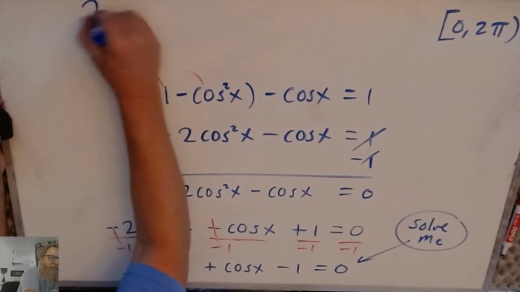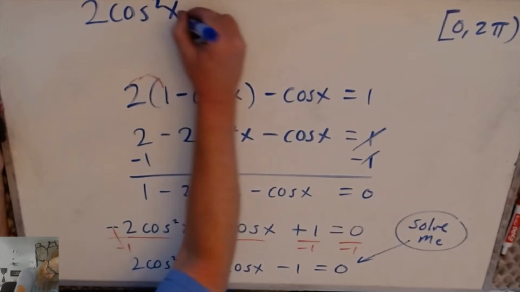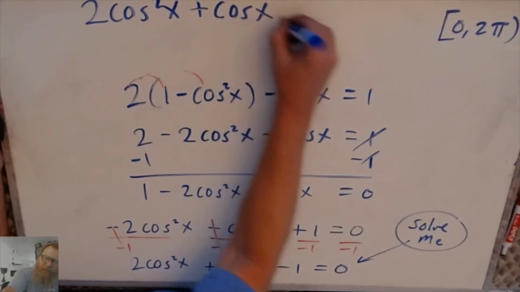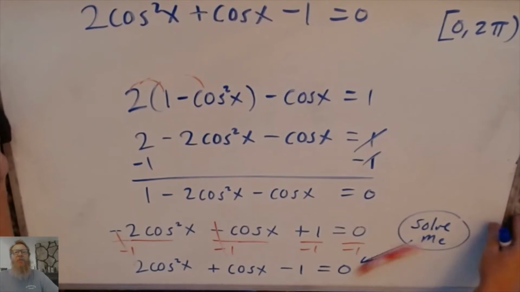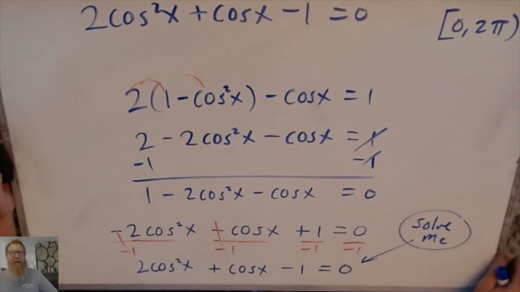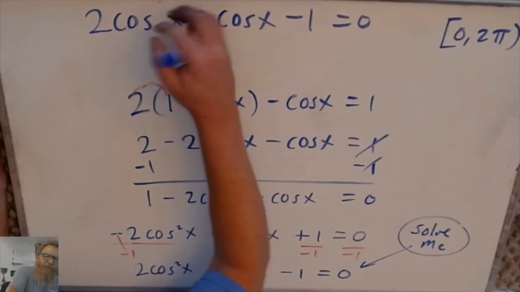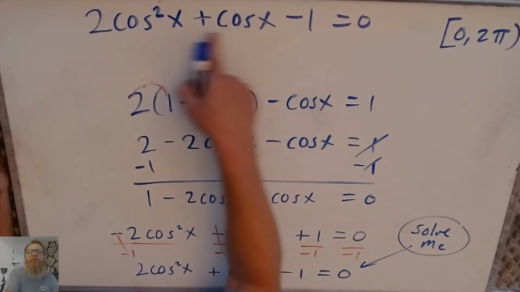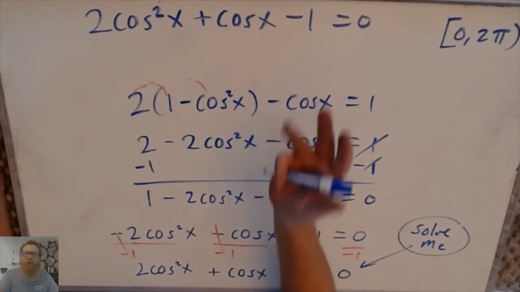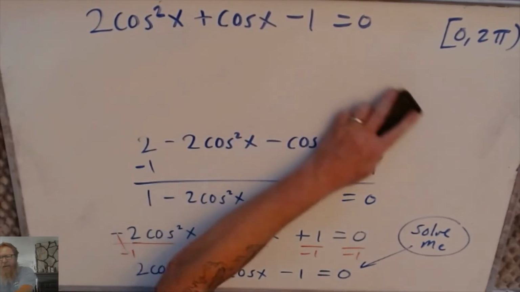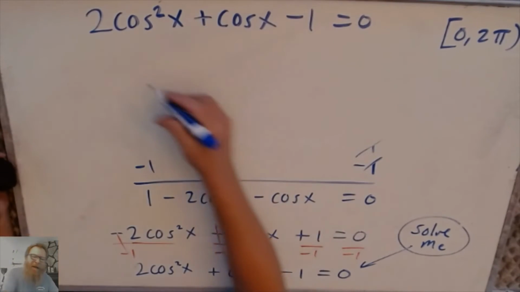So we're actually going to solve 2 cosine squared x plus cosine x minus 1. It should be factorable. If you can't factor it within a couple minutes, then you can use a substitution method or the quadratic formula or something like that.